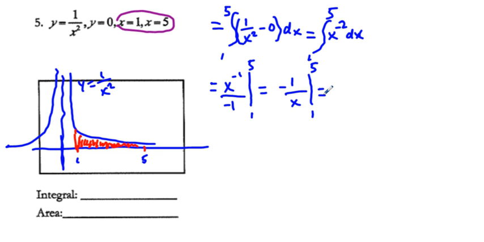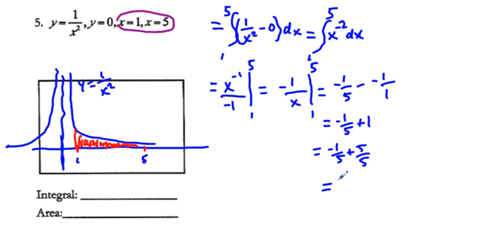For that, if we plug in 5 for x, we're going to get negative 1/5, and then we're going to have minus negative 1 over 1. So that's going to be the same as negative 1/5 plus 1, which equals negative 1/5 plus 5/5 equals 4/5.